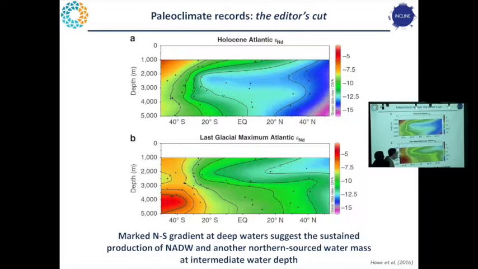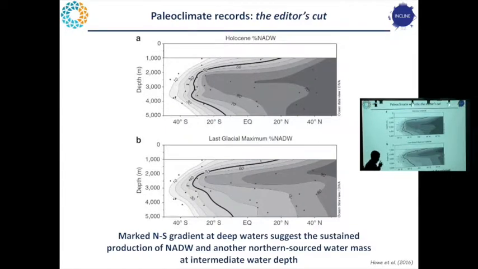And this is the situation for the LGM. So we see a marked north-south gradient at deep waters, suggesting sustained production of North Atlantic deep water and another northern source of water mass here, at intermediate water depth. So here we calculate the percentage of North Atlantic deep water today and during the LGM.